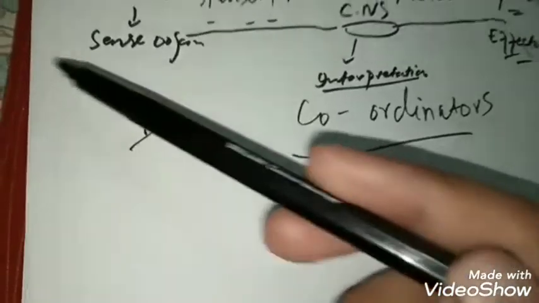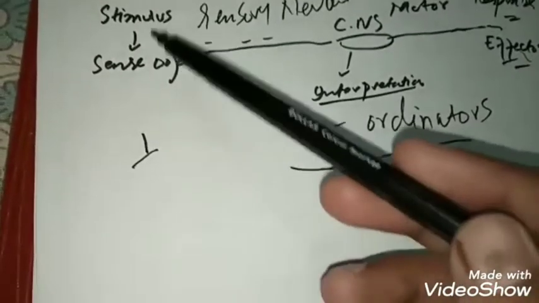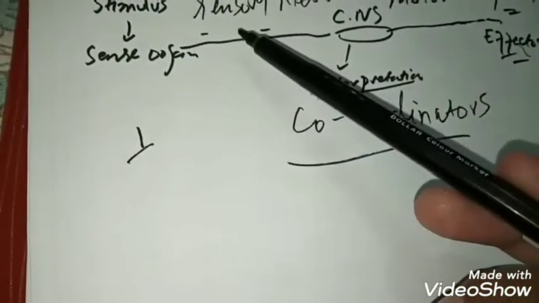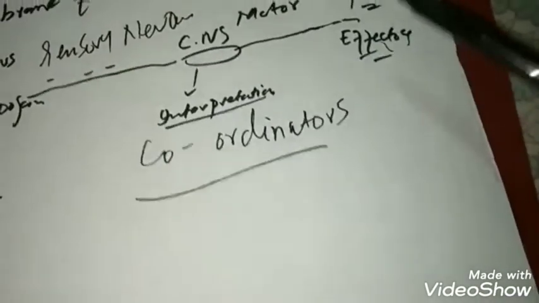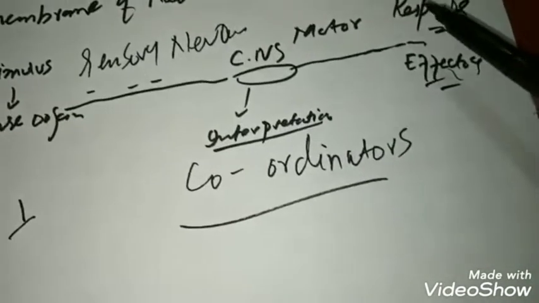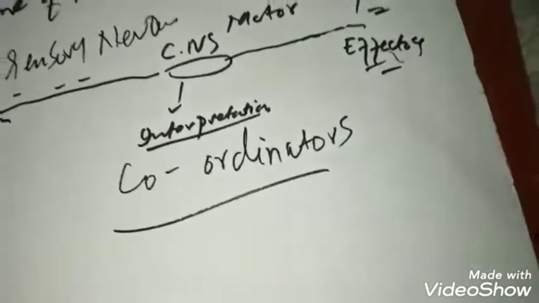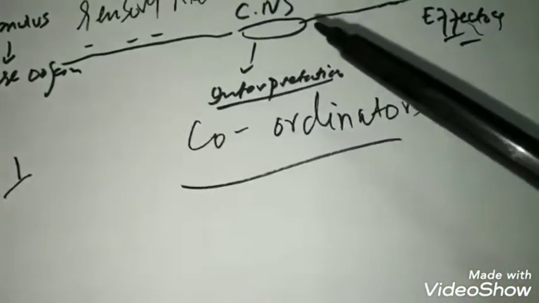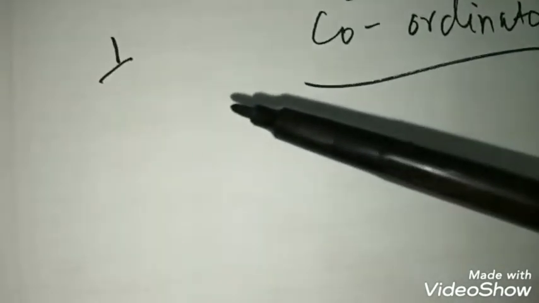Stimulus, sense organs is also a component. All of that I have written in this flow chart or diagram. Stimulus, sense organs, sensory neurons, motor neurons, CNS that are called coordinators, effectors, and response. Response is the action done in response to a stimulus according to the order of the CNS. And this is the working and the components of the nervous system.